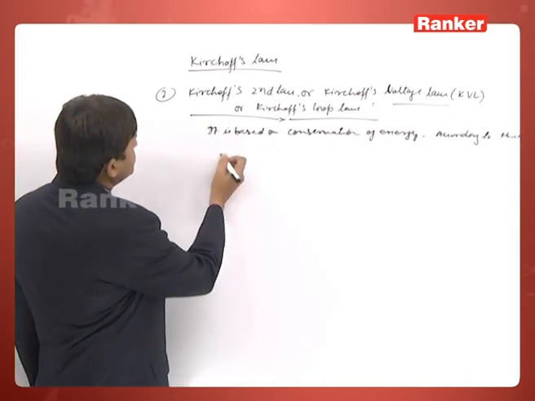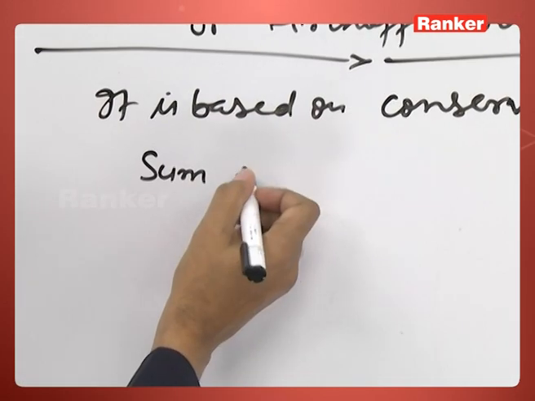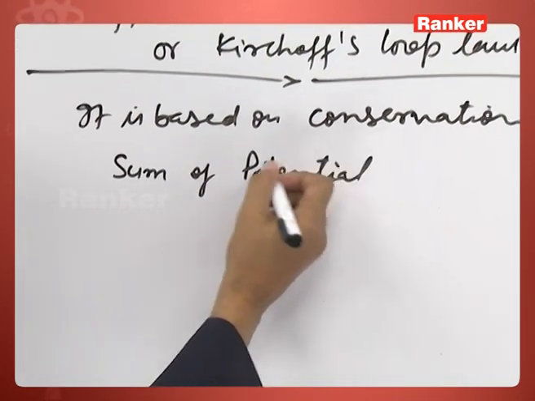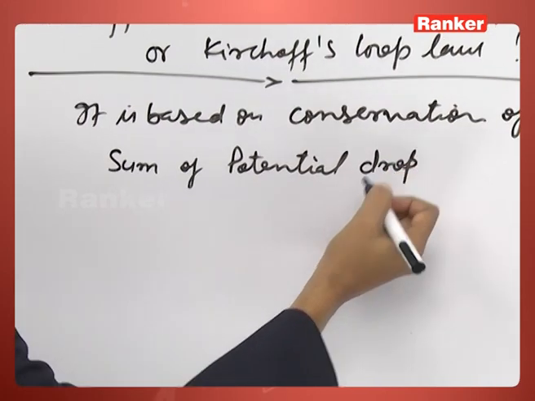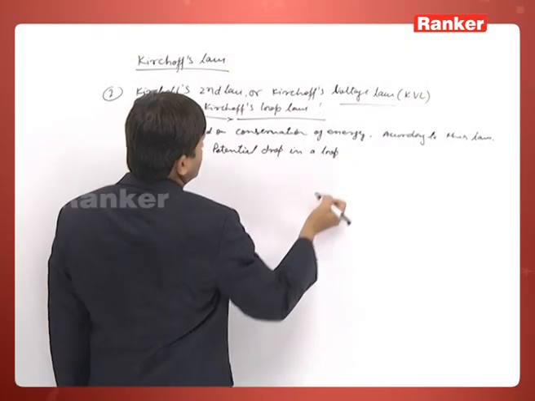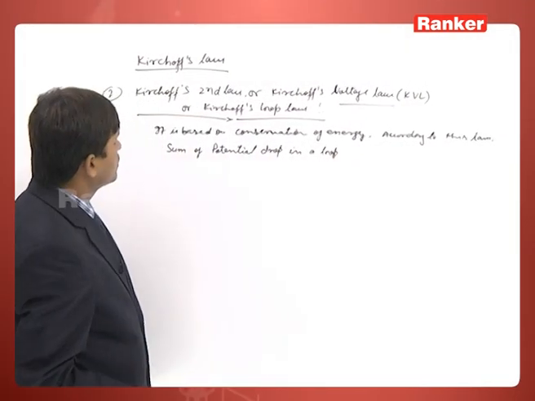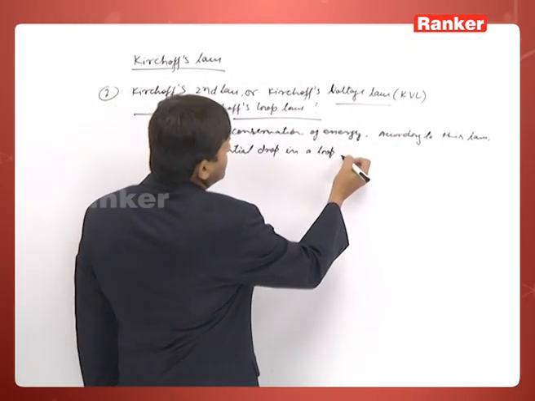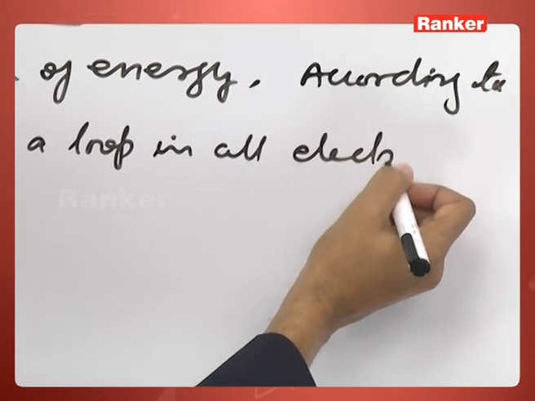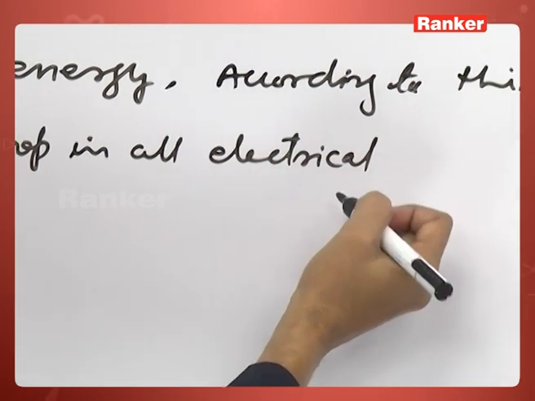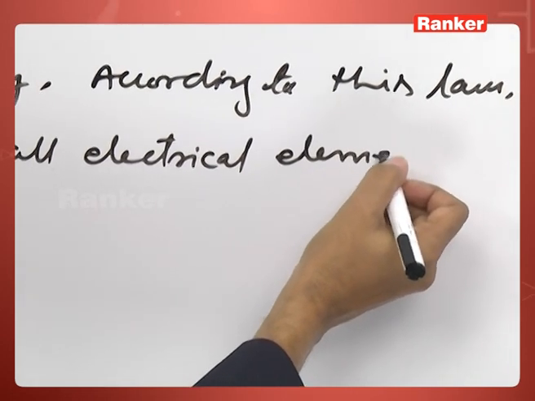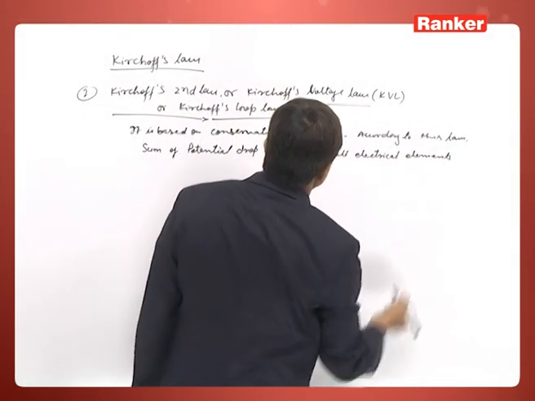According to this law, sum of potential drop in a loop in all electrical elements will be zero.